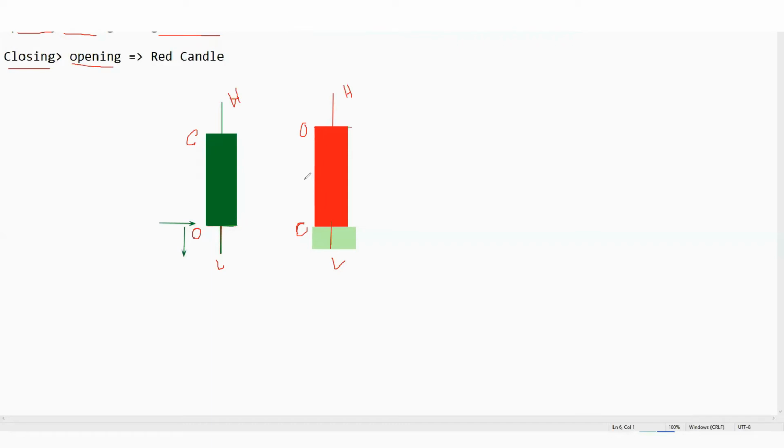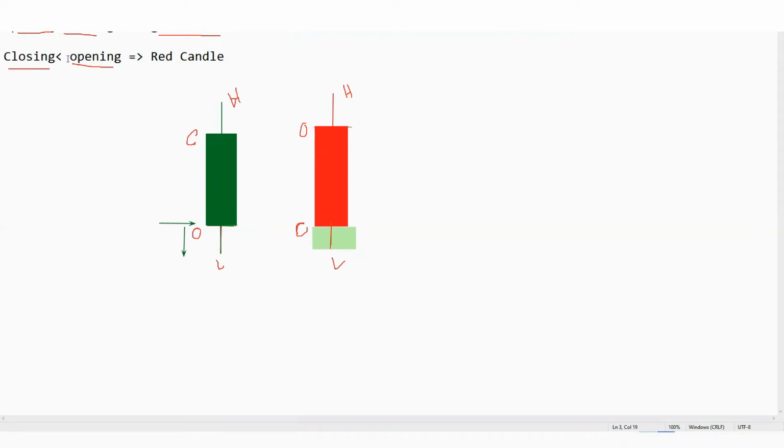Okay, closing is greater than, sorry, here I made a mistake, maybe. It should be less than, for the red candle.